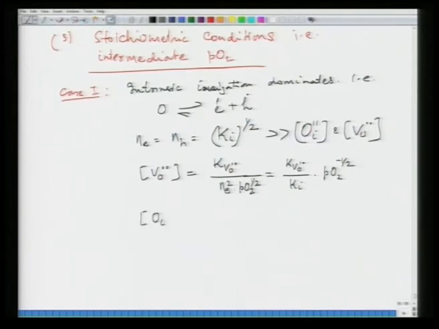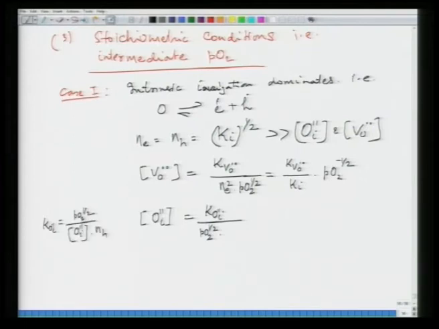Similarly, OI concentration will be given by KOI divided by PO to the power half multiplied by, just a second, because we had KOI equal to OI into NH square divided by PO to the power half.